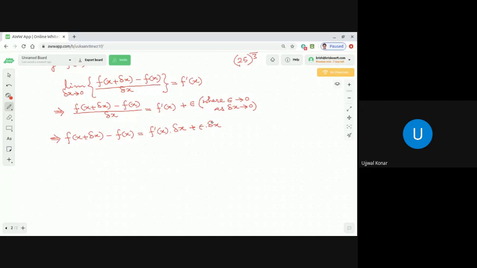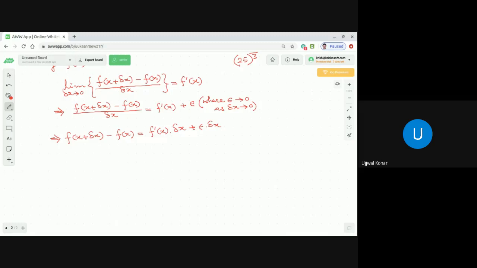This is delta. Now, dear students, if delta x is a very small quantity and epsilon is also a very small quantity, then delta x into epsilon should be an even smaller quantity. Take two very small quantities and make their product. The result will be even smaller.